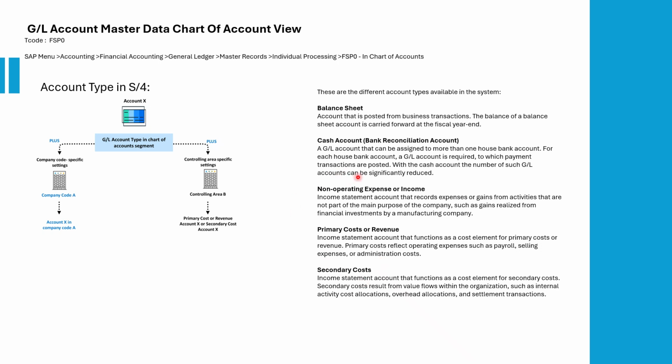Then again, for bank reconciliation, you used to have so many reconciliation account types for bank, like sub accounts and clearing accounts. So now what SAP has given is that you can have a GL account that can be assigned to more than one house bank account as a subledger, and for each house bank account a GL account is required.